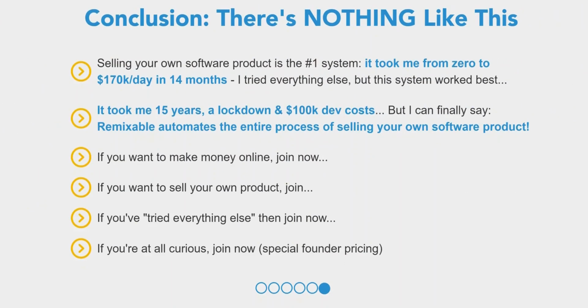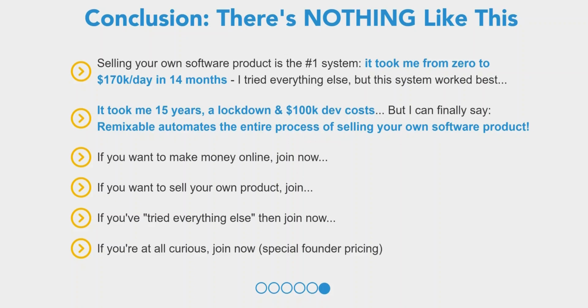So in conclusion, there's really nothing like Remixable on the planet. Selling your own software product is the number one system. It's the system that took me from zero to doing $170,000 in a single day in literally just 14 months. I tried absolutely everything else, tried every system out there, couldn't make it work. And then this was the system that really changed everything for me.